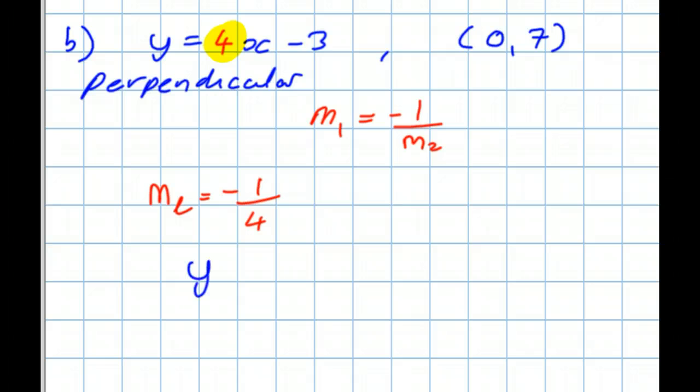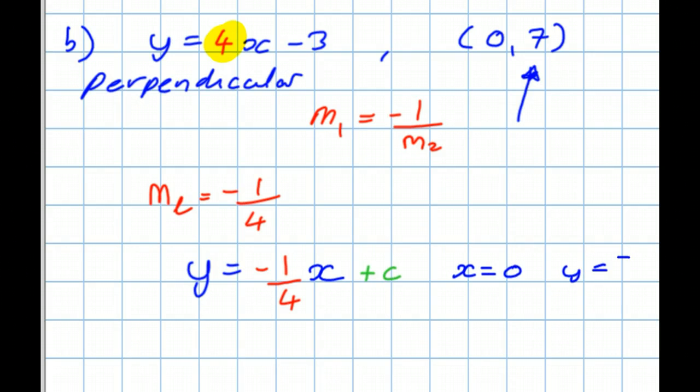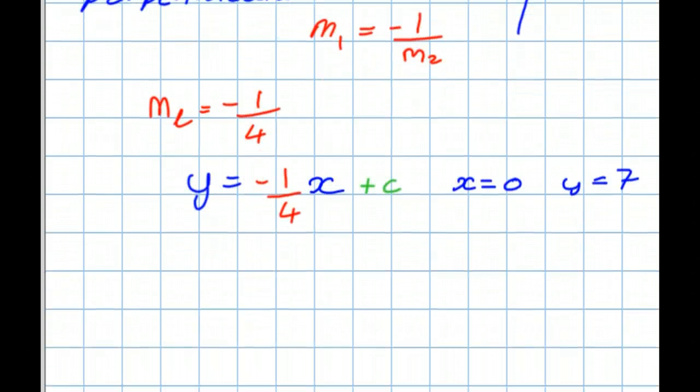So now I've got half of the answer I need. y equals minus a quarter x plus c. Now to work out c, I use the fact that it passes through this point here, 0, 7. So when x is 0, y equals 7. So I'll substitute those values in.